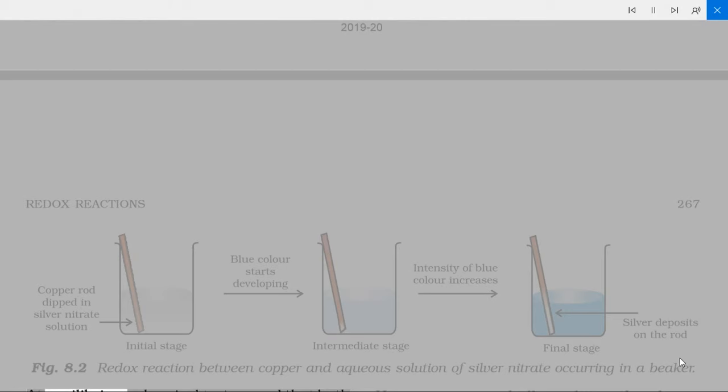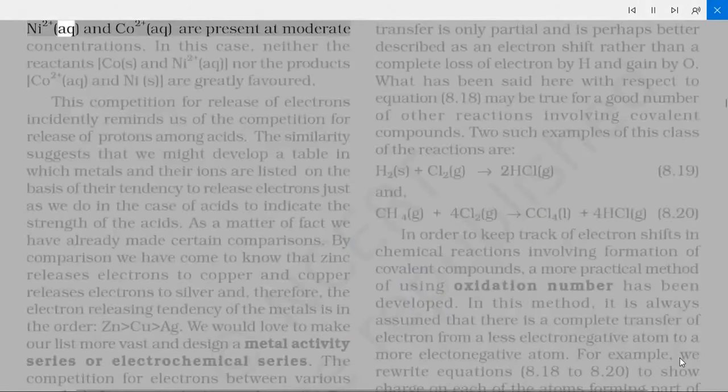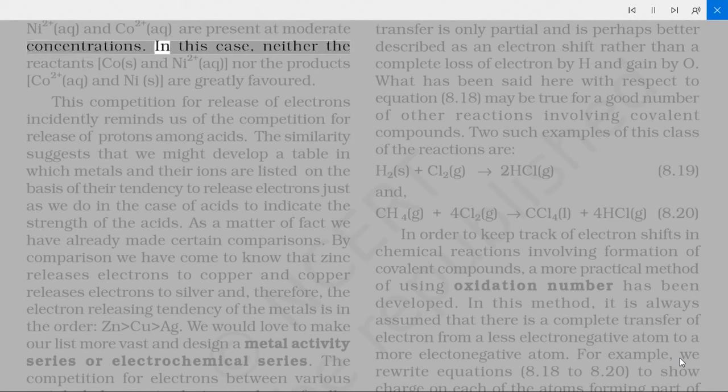At equilibrium, chemical tests revealed that both Ni2+(aq) and Co2+(aq) are present at moderate concentrations. In this case, neither the reactants, Co(s) and Ni2+(aq), nor the products, Co2+(aq) and Ni(s), are greatly favored.